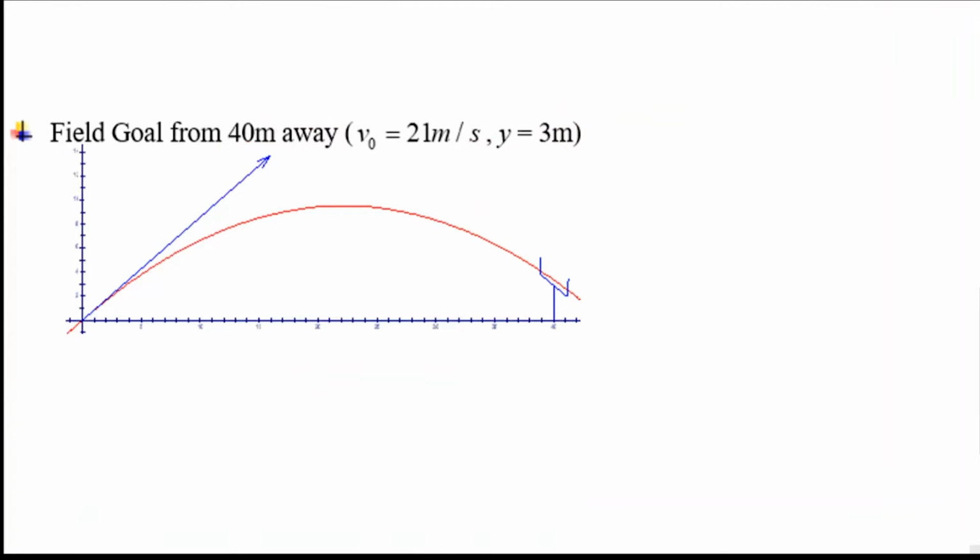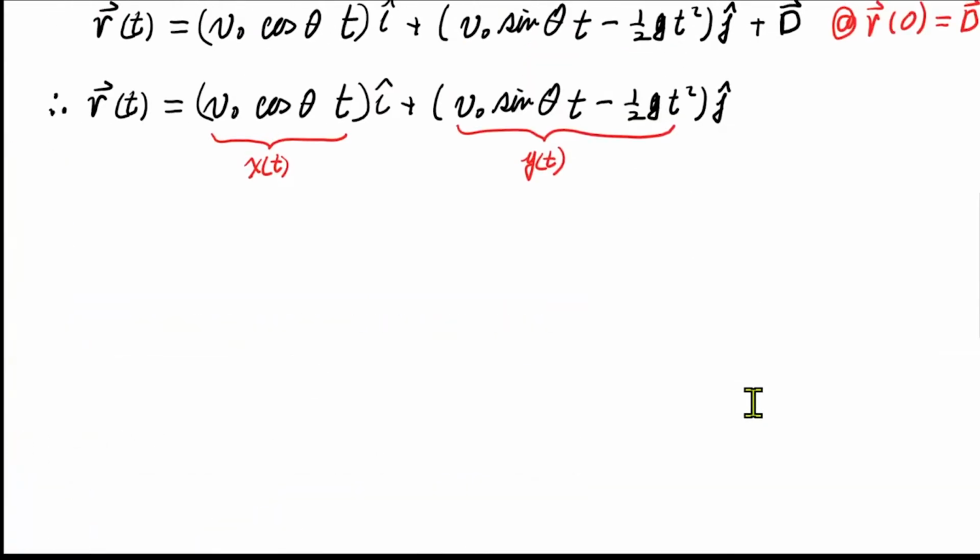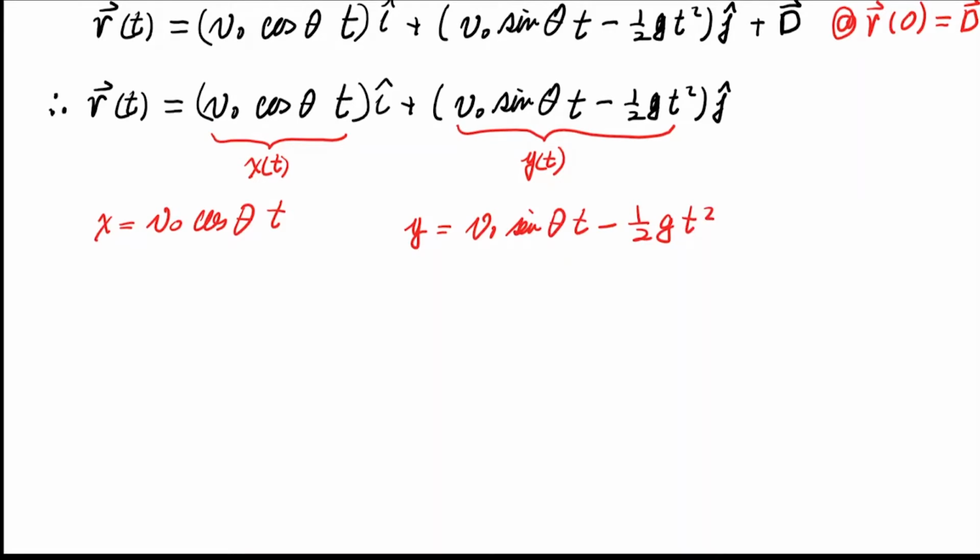So let's do that part. Let's do it. Since I said this is x and this is y, I'm going to write it here. Our x is equal to v naught cosine theta t, and our y is equal to v naught sine theta t minus 1/2 g t squared.